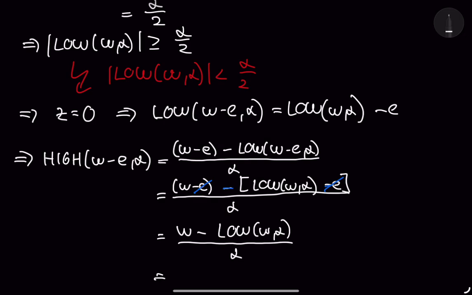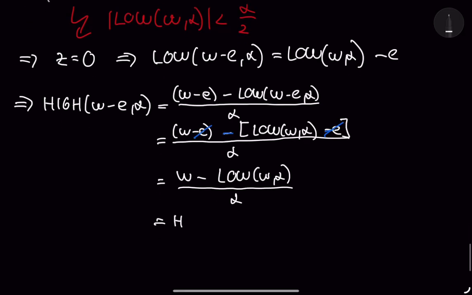And again, this is the definition of the high value of W. So, meaning that the proof is finished.